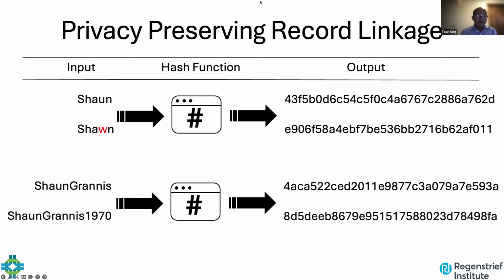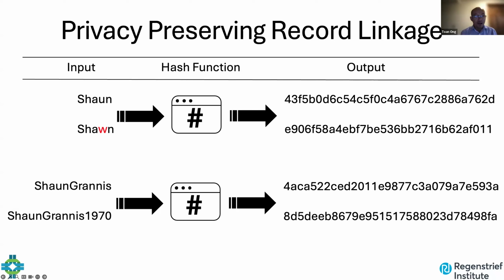So, privacy preserving record linkage is the solution to allow the performance of linkage of data across different data sources, as Shaun mentioned, securely with respect to patient privacy. This process allows you to link records without revealing the identities of the patient.